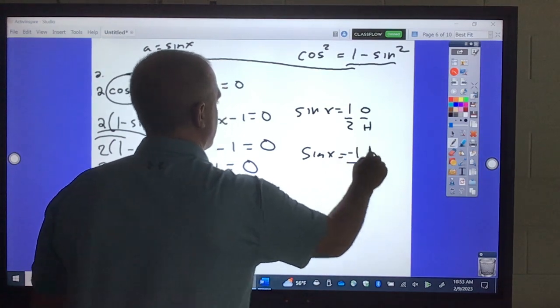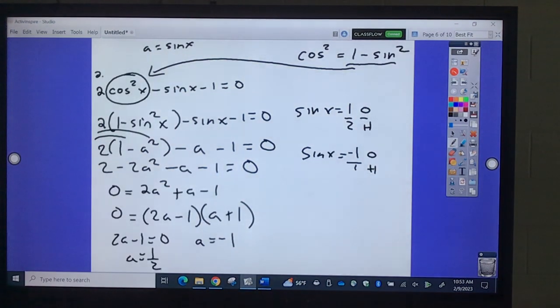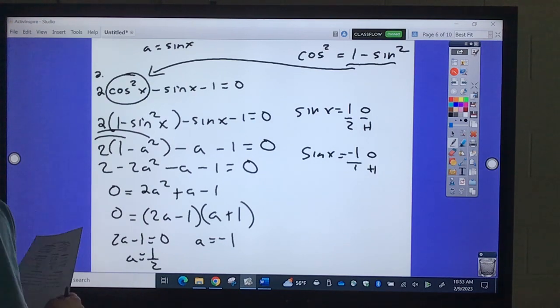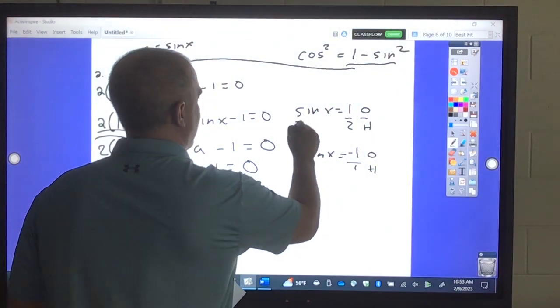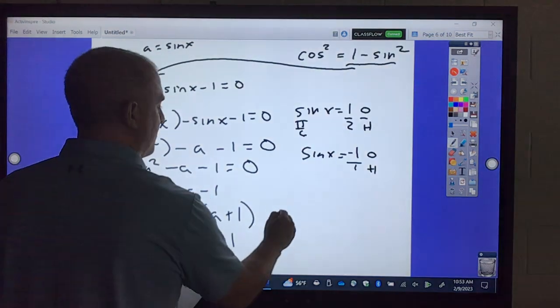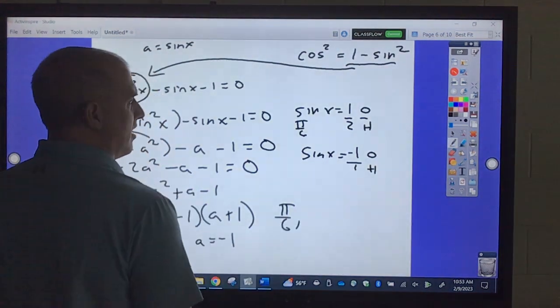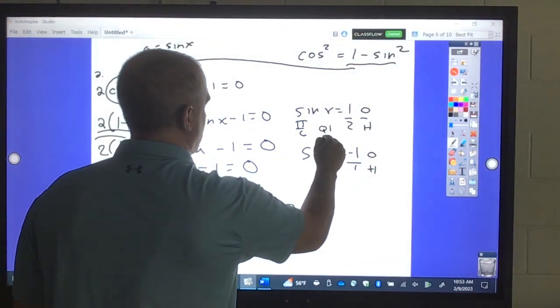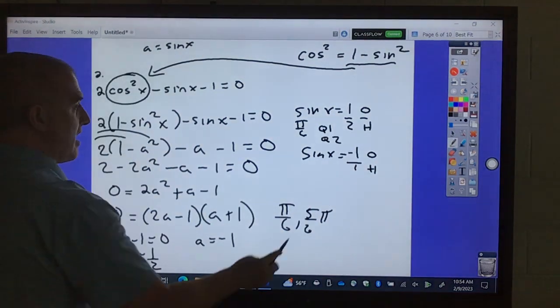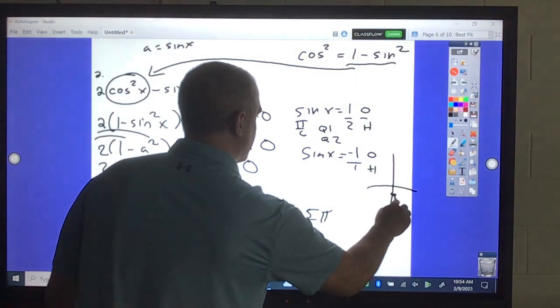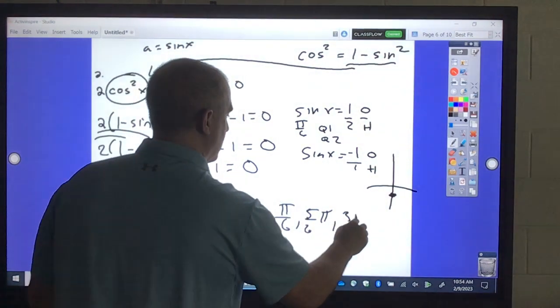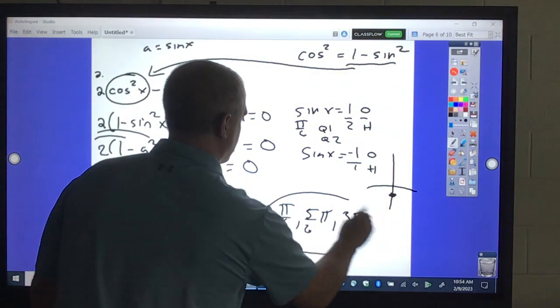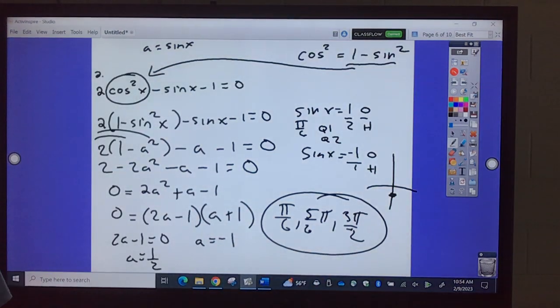Well, the triangle with O of 1 and h of 2 is pi over 6. Now, since this is positive, sine would be quadrant 1 and quadrant 2. This one does not have a triangle, but on the axis points, you'll see that part would give you that answer. All right, and that's what you would do with that.